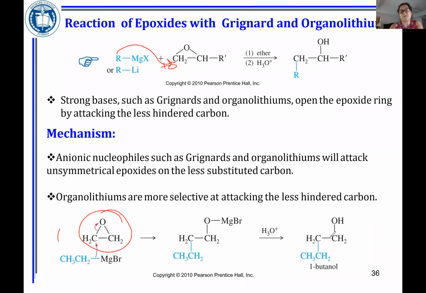So if you were going to do retrosynthesis, this is a good method to remember: addition of Grignard to oxidant can give you primary alcohol as well. If it's a substituted oxidant, like the top example here, you get secondary. If it's di-substituted, you can get tertiary.